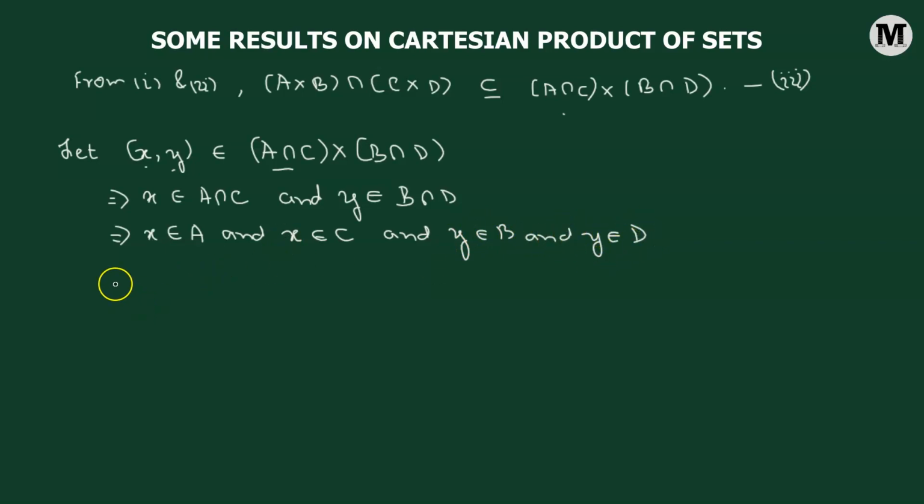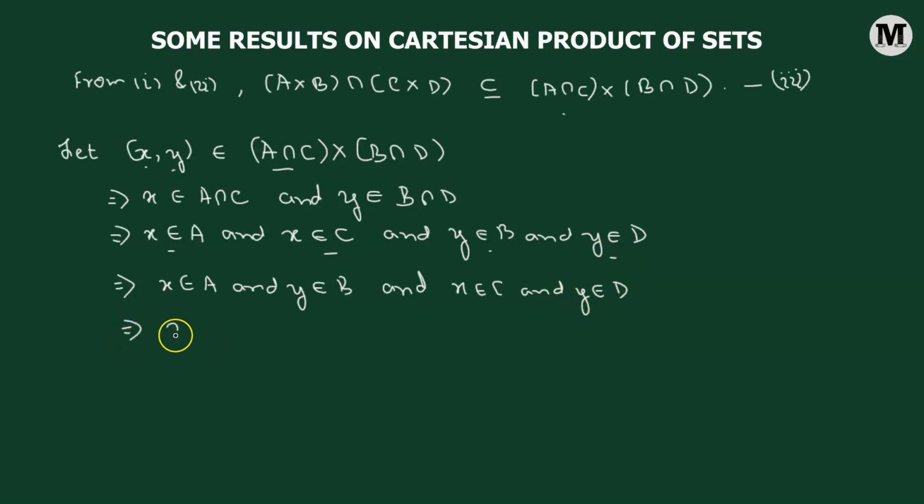So what we can do now, furthermore, is combine x and y. Here we can say x belongs to the set A and y belongs to the set B. We're only rewriting this statement. And then we have x belonging to the set C and y belonging to the set D. So this is going to be x comma y.